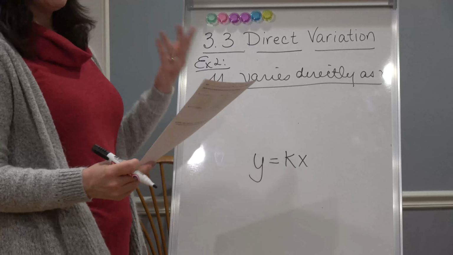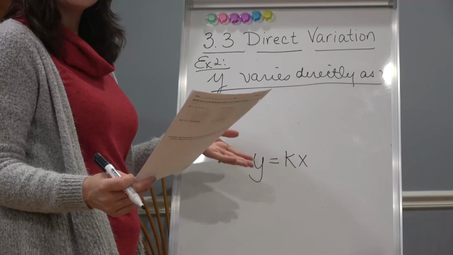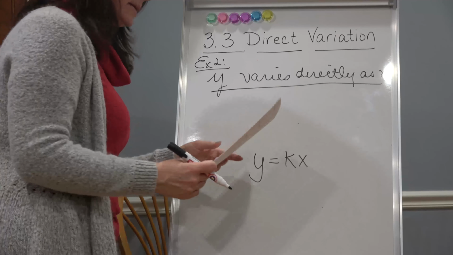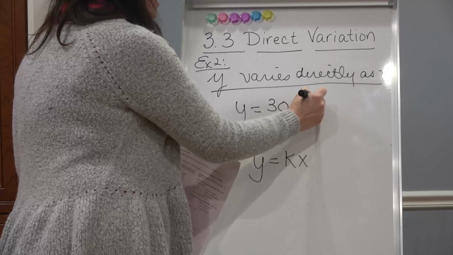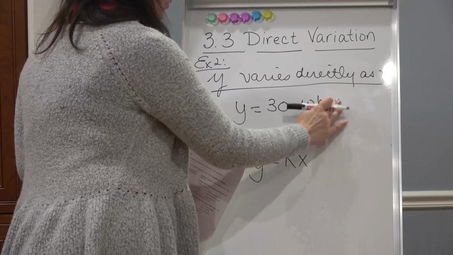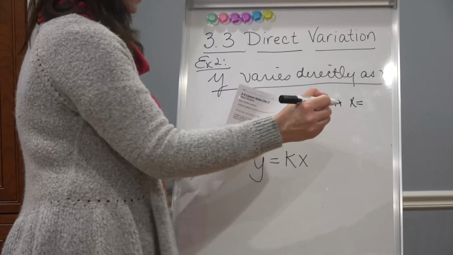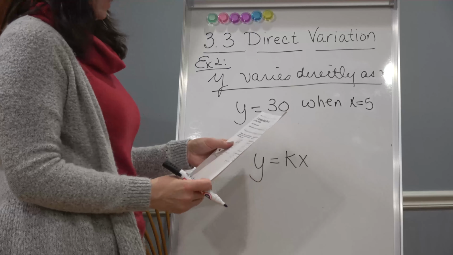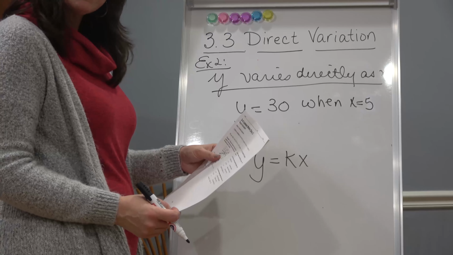Now they're gonna give us information about x and y. Okay, so here they say in example 2, suppose y varies directly as x, and we know that y equals 30 when x equals 5, okay?